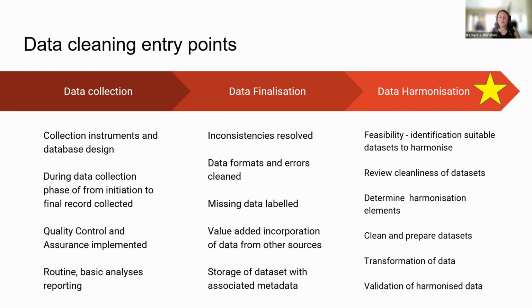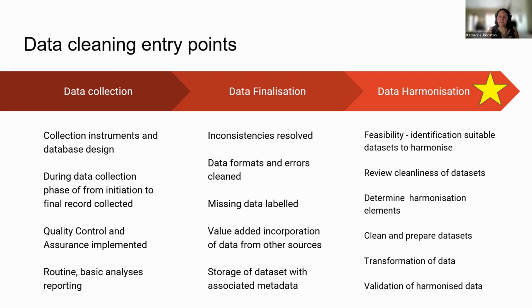During your data collection, you'll be running certain checks and edit checks and rules to assess the cleanliness of your data and sort that out if there are problems. Hopefully there are quality control and assurance processes in place, and you may also be running routine basic analyses of reporting. But this all would be taking place during the creation of that and collection of that data. So with retrospective data harmonization, we're unlikely to be addressing that area.